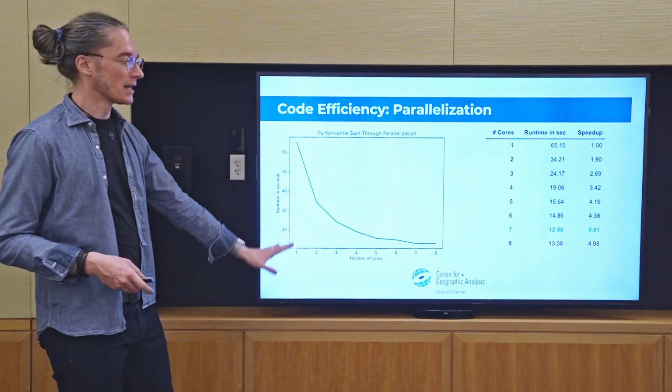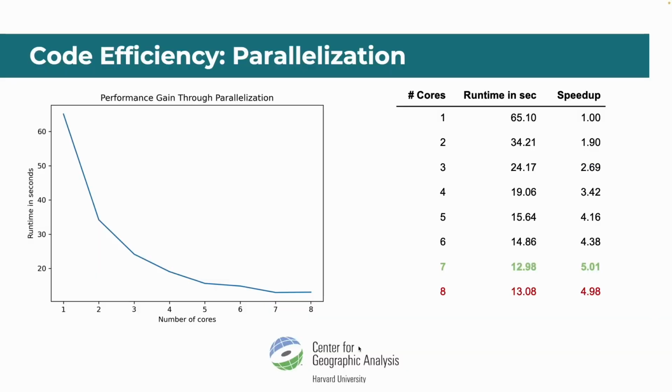What we see here is an example that I ran on my laptop, where in our script, in our code, we have this one part where we take the tweets and want to augment these tweets with the precipitation data.